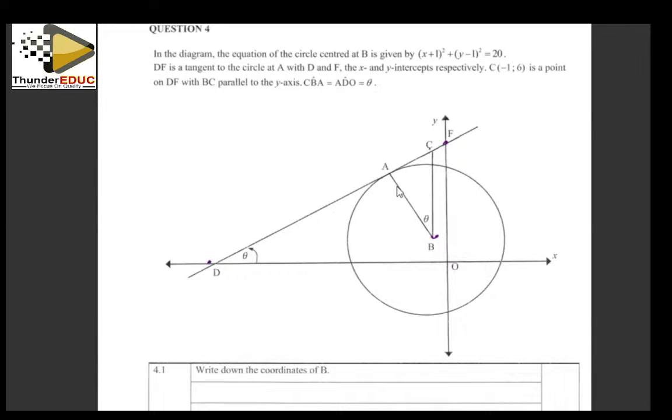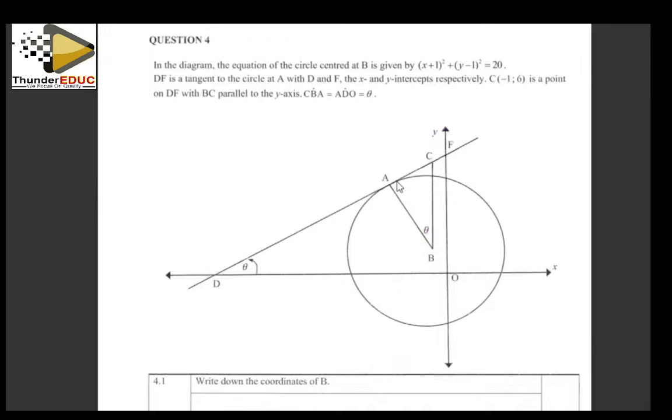C is -1 and 6, a point on BF with BC parallel to the y-axis. And this angle is a theta, even this one is a theta. They want us to get the coordinates of B.